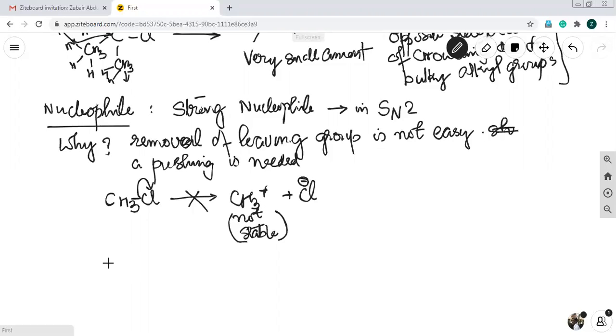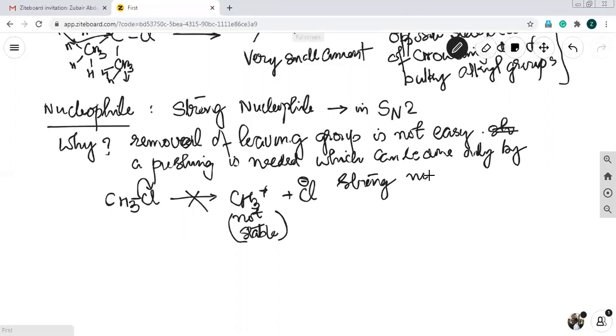And so a pushing is needed, which can be done only by a strong nucleophile. So this is the effect of nucleophile on the SN2 reaction.